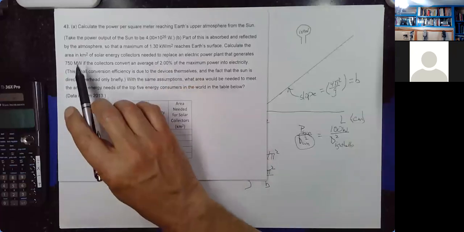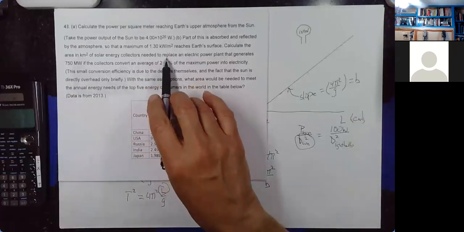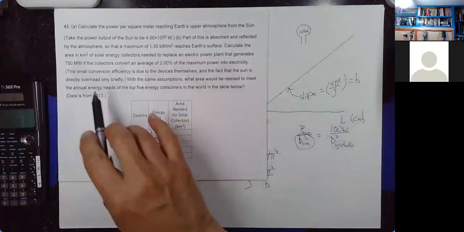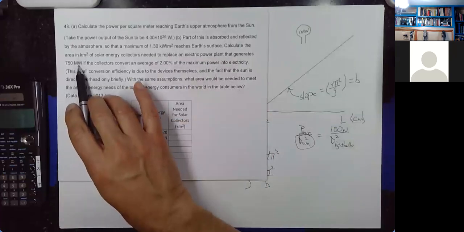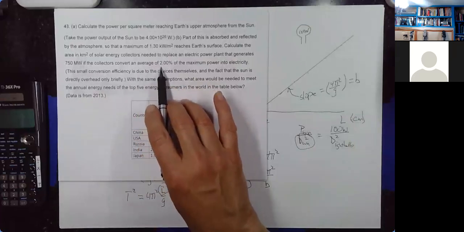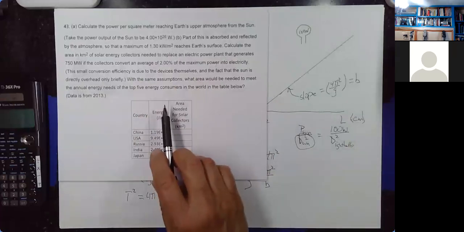And calculate the area in kilometers squared of solar energy collectors needed to replace an electric power plant that generates 750 megawatts, woof, if the collectors convert at an average of 2% of the maximum power into electricity.